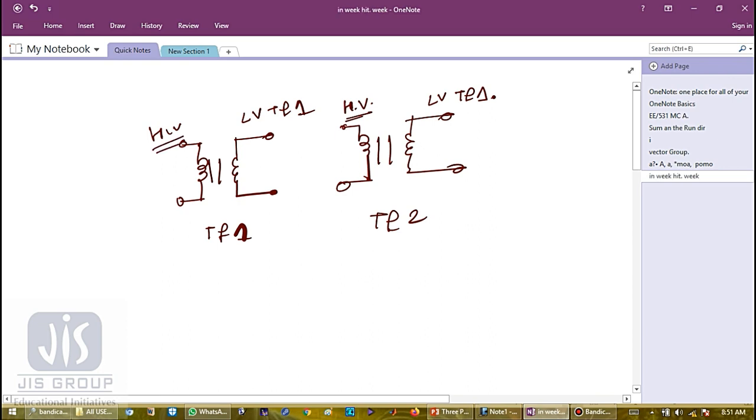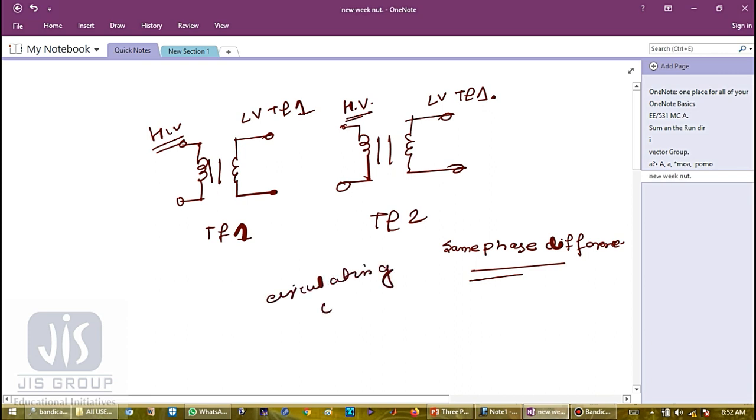Now, if these two transformers don't have the same phase difference, then what will happen? There will be a flow of circulating current, due to this existence of phase difference between the line voltage of this transformer secondary and the line voltage of transformer 2 secondary.